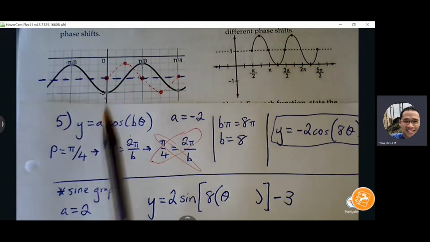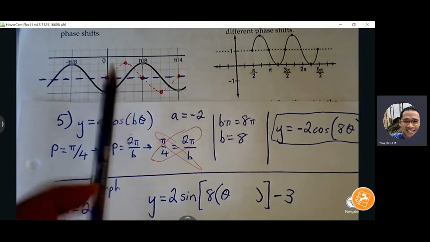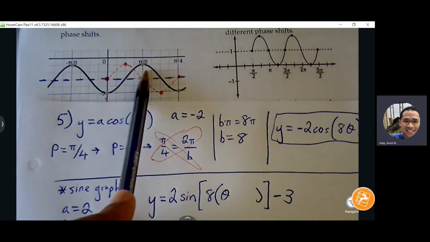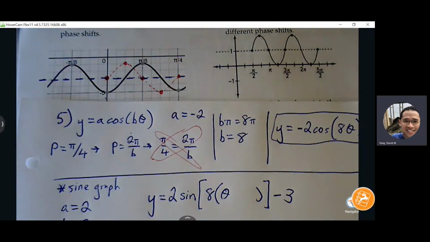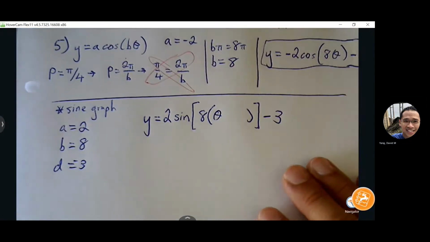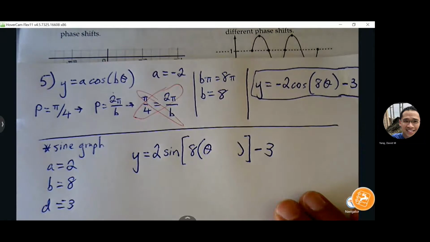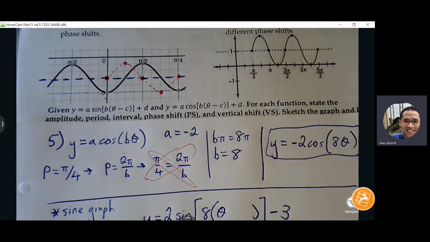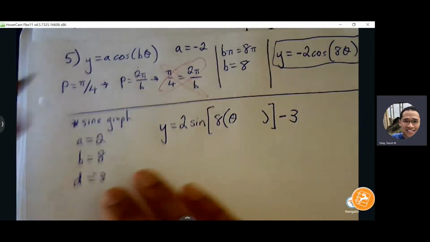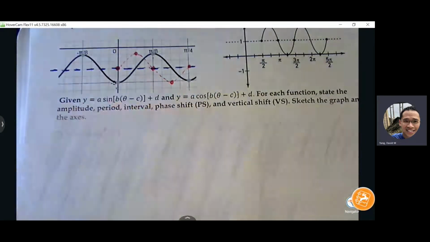Now, it looks like the graph is not telling us what that interval is, right? Because we know pi over 8 is halfway, we know pi over 4 is full. So what can we do to figure out what that interval is? Because the graph is not telling us. Good, right? So we have a way to find interval. We have the interval formula. We have our period. Our period is pi over 4.